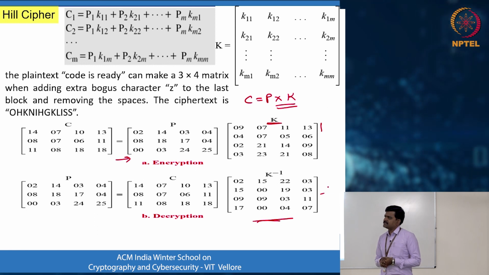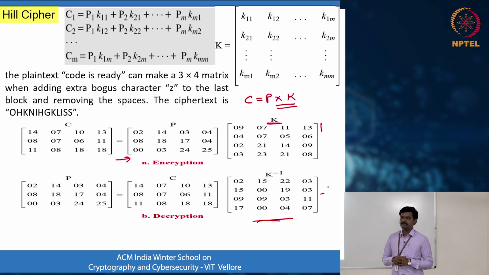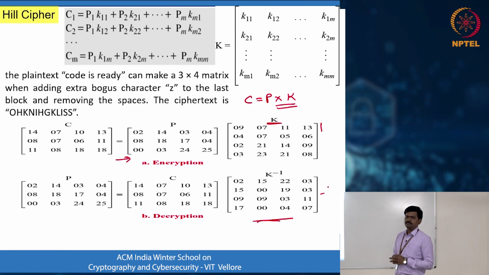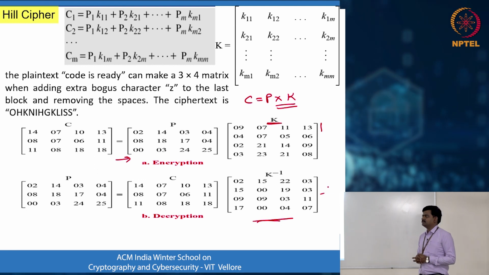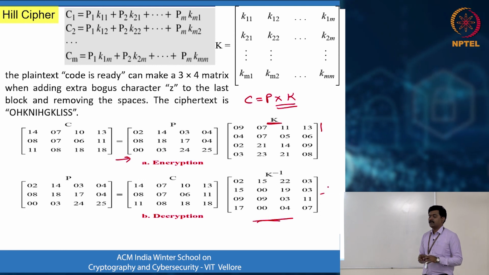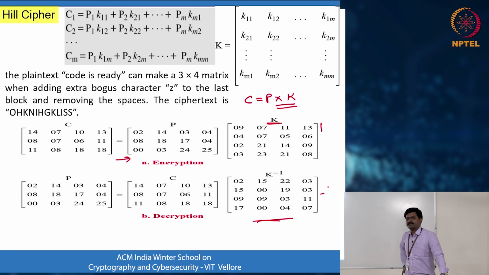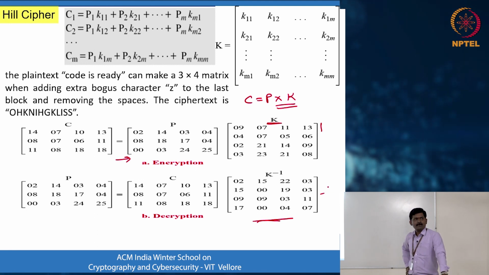Can I call this asymmetric? Because K inverse can be followed by K. My question is, is it symmetric or asymmetric? How many say symmetric? How many say asymmetric?